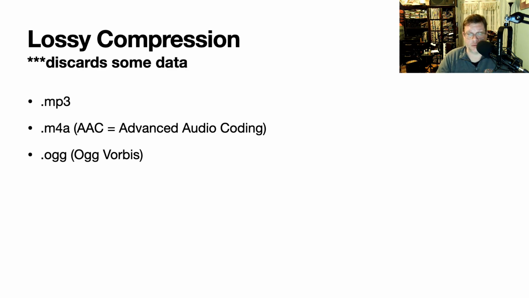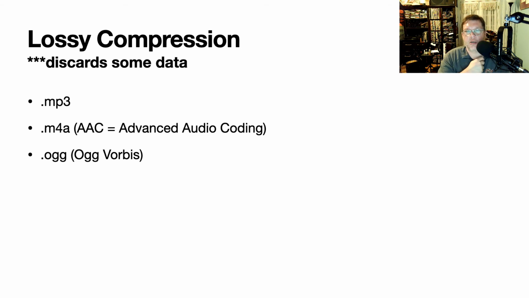Lossy compression discards some data. So these are things like MP3s or AAC, which stands for Advanced Audio Coding. Usually the extension is M4A. Or Ogg Vorbis, .ogg, which is what Spotify uses. These are all lossy compression formats, and they do the math a little differently, each of them.